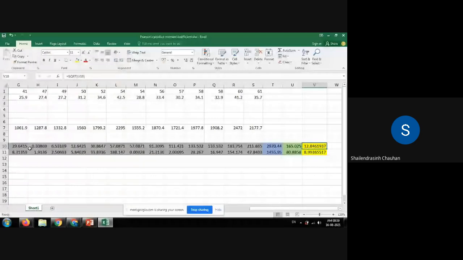This value that you are having, 165.025, that is variance, and its square root will be standard deviation of A. Same for B, standard deviation of B.